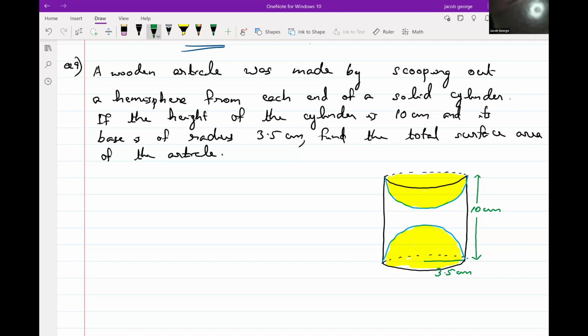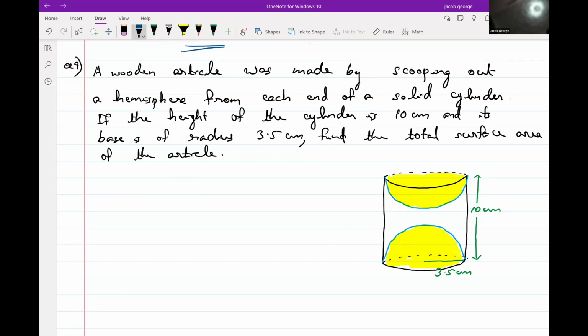Please complete the diagram. Okay, so then we start writing the dimensions.